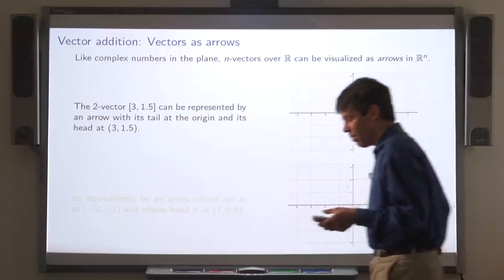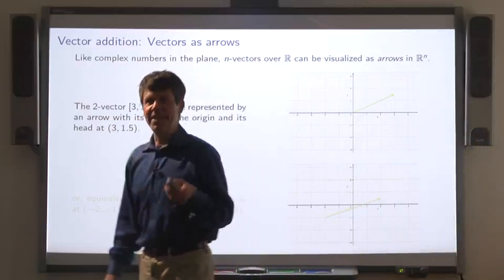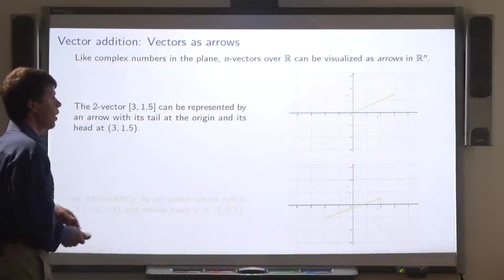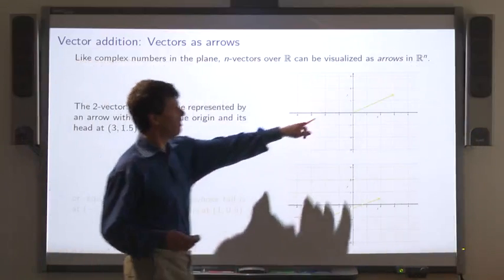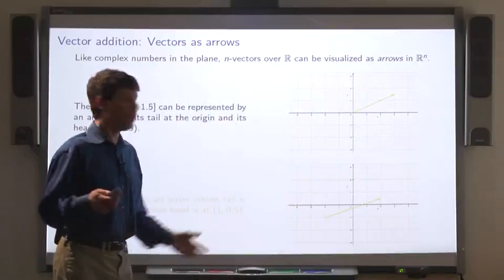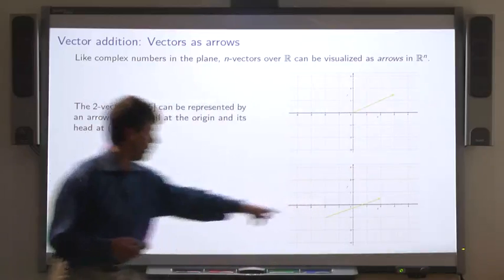Now, like complex numbers, we can represent vectors as arrows in the plane. So this vector [3, 1, 5] can be represented with its tail at the origin and its head here. It can equally well be represented with its tail over here.